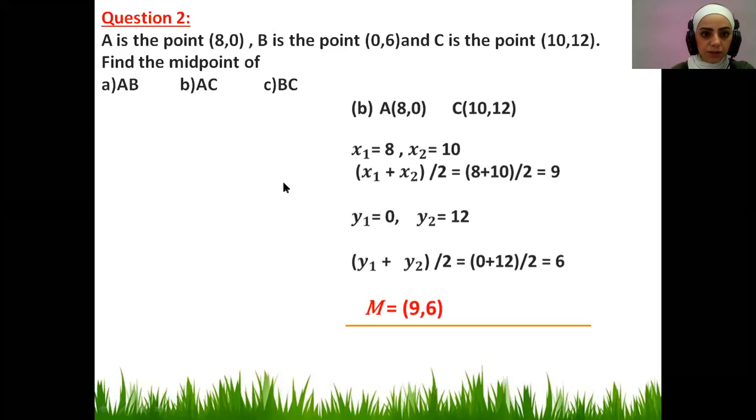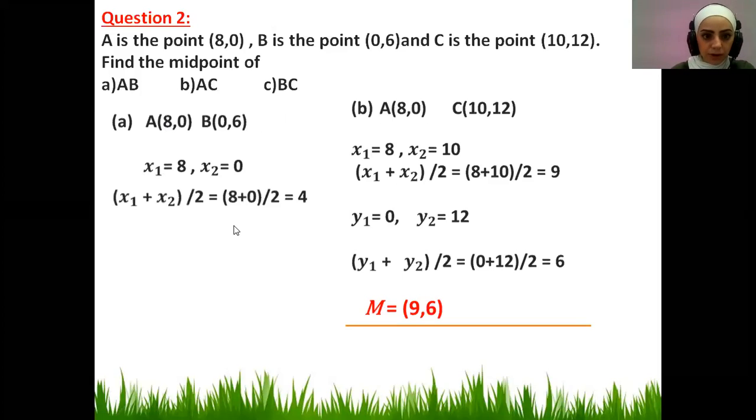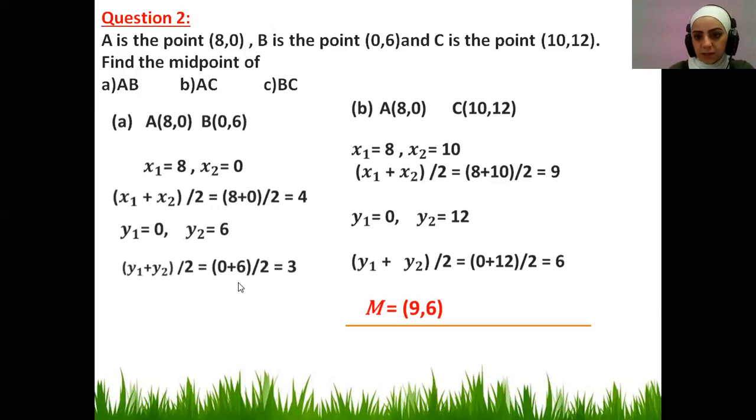Thank you. So again, point A has the pair 8, 0, and B is 0, 6. x1 is 8, x2 is 0. Add them together, 8 over 2 is 4. Same thing for the y's. y1 is 0, y2 is 6. So 0 plus 6 is 6, divided by 2 is 3.